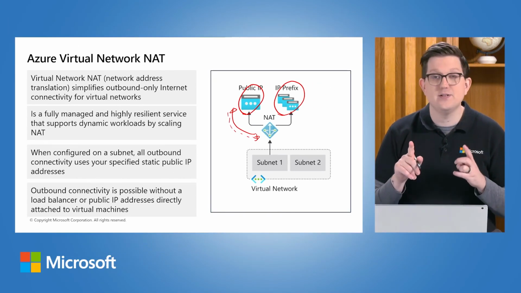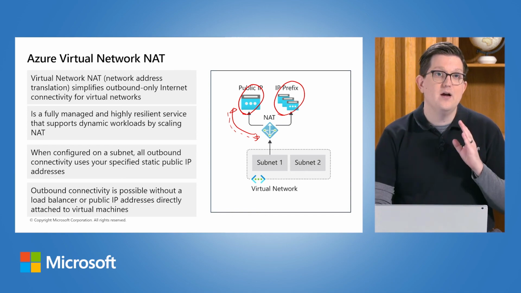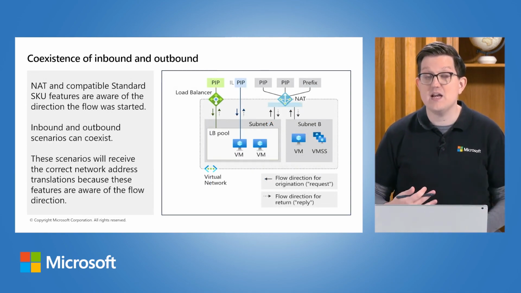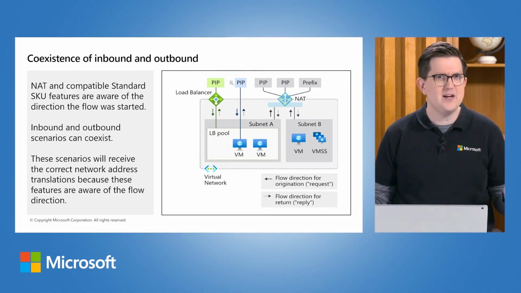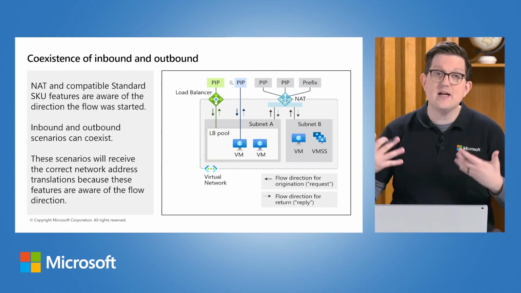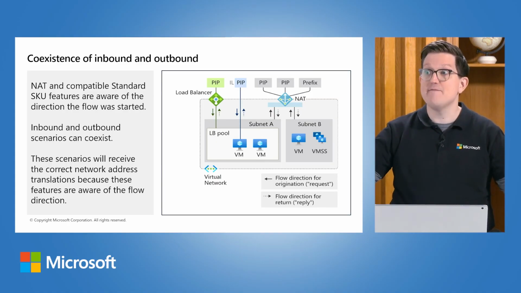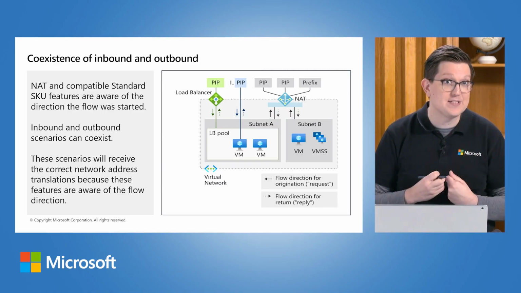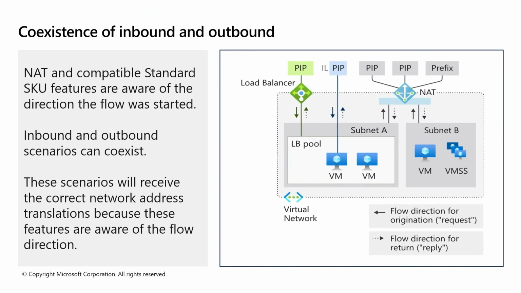So let's dive a little bit deeper on this. Let's say I've got some services that are actually communicating out with the world already. And I don't mean in the sense of they're going and fetching an update or something like that. I mean I'm running a load balancer and I have virtual machines in the back end there. I can work through my public IP and people can still reach that load balancer.